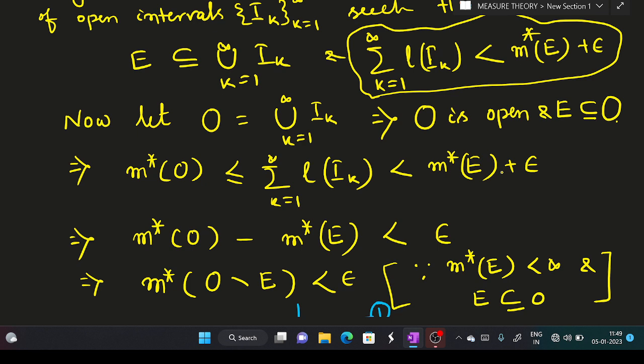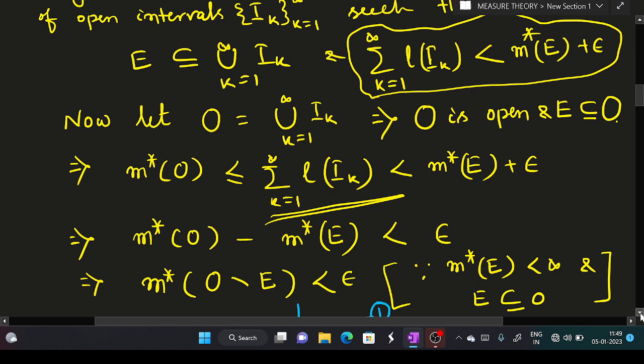The outer measure of O is less than or equal to this sum of lengths, because the infimum gives the outer measure. But this sum of lengths is less than the outer measure of E plus epsilon.